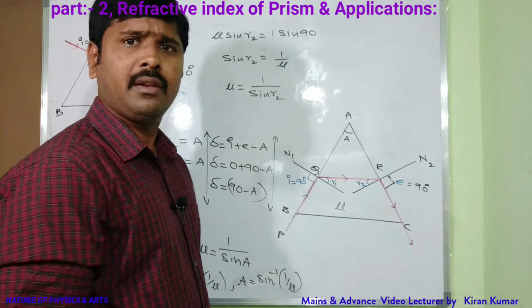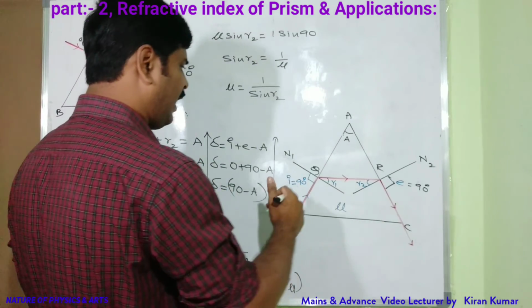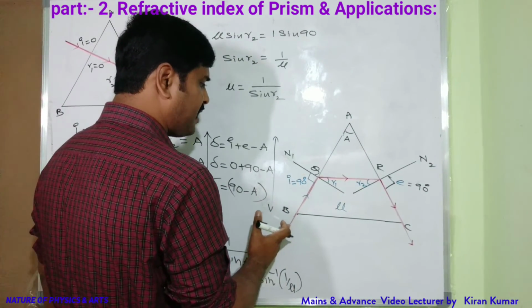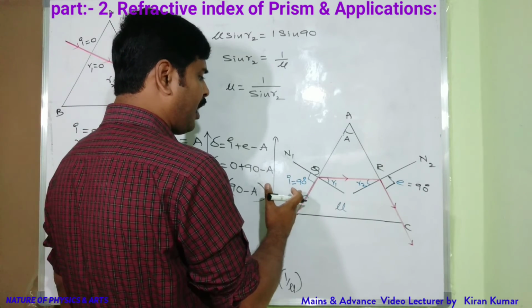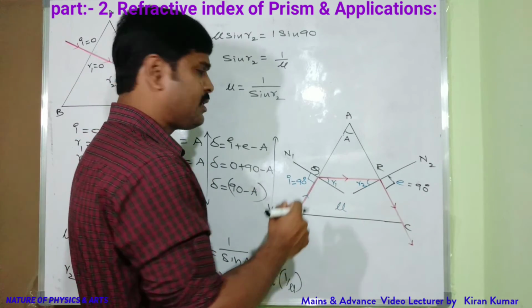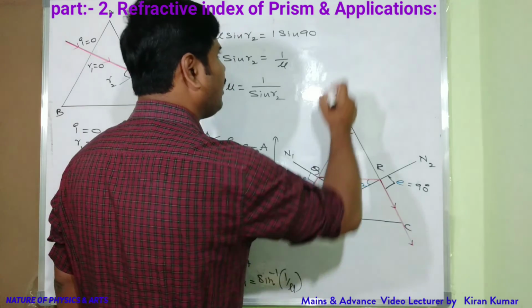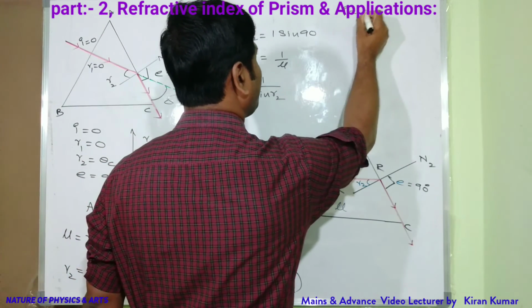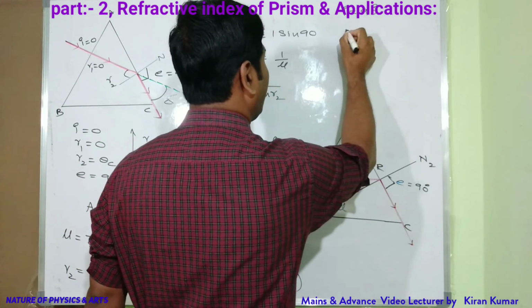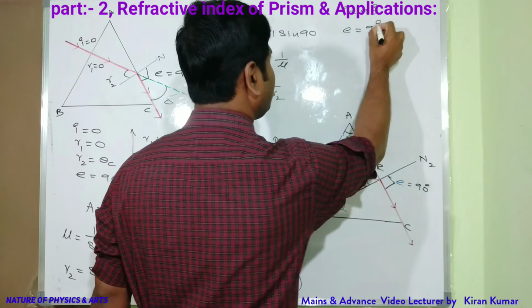For the second case, light is traveling along the surface of separation of the medium and air. Try to understand here, the i value is equal to 90 degrees and e is also 90 degrees.